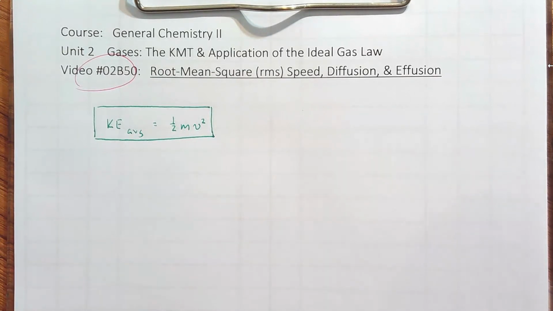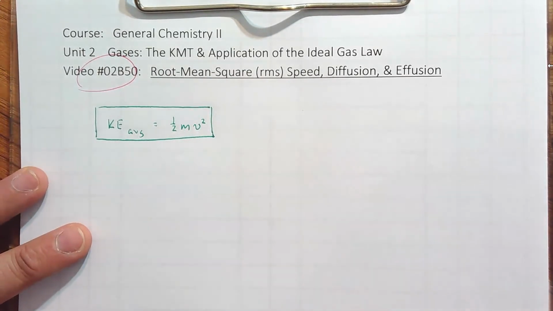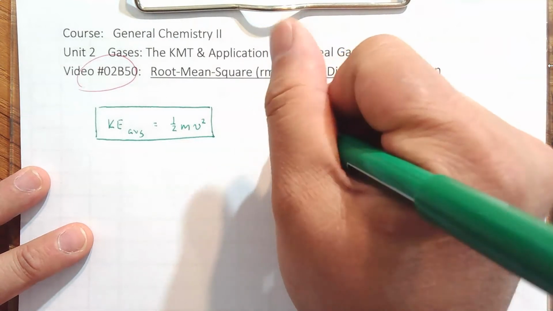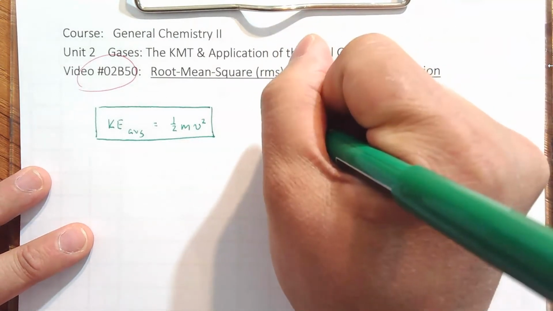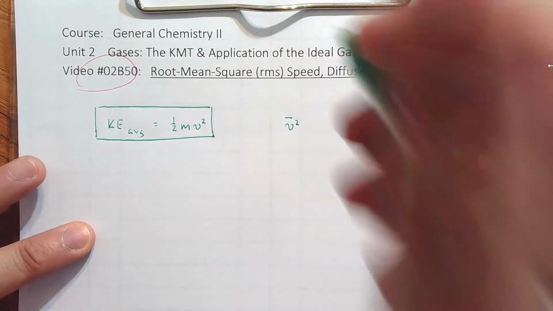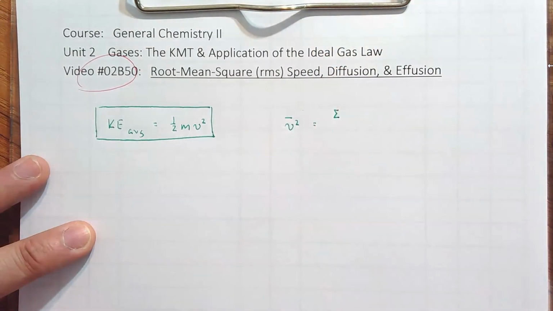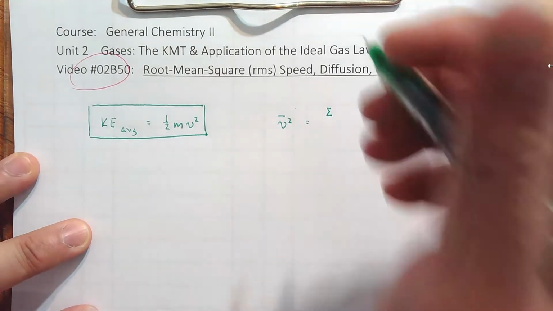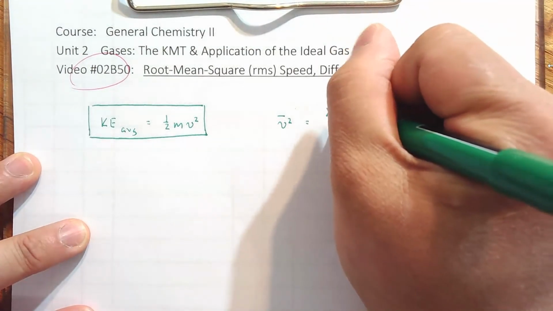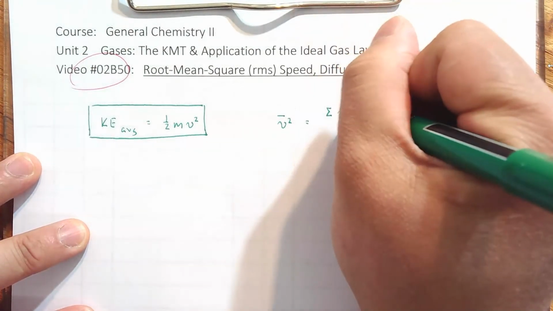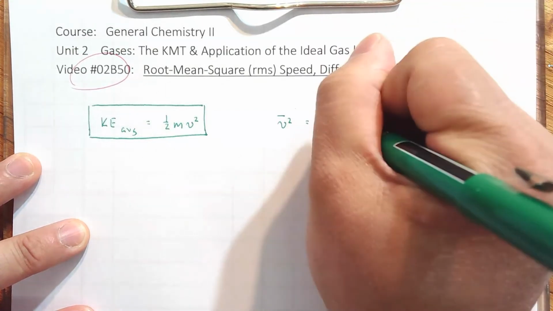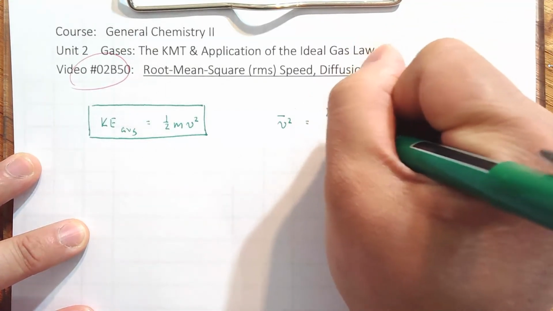Next is that the mean square speed, let's say v squared, and we'll take the average, is actually the summation of all the molecules' speeds, so the summation of all the speeds that were squared divided by the number of molecules.